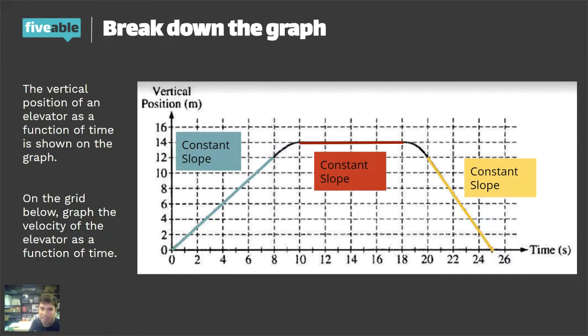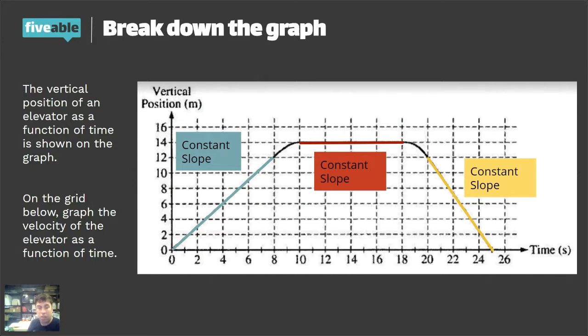From 0 to 8 seconds, from 10 to 18 seconds, and from 20 to 25 seconds. All those have a nice constant slope going on, which means we can do basic slope equations. Y equals mx plus b, or slope is change in y over change in x, or y2 minus y1 over x2 minus x1, depending on how your algebra teacher taught you. That's what we're looking at to find the slopes.